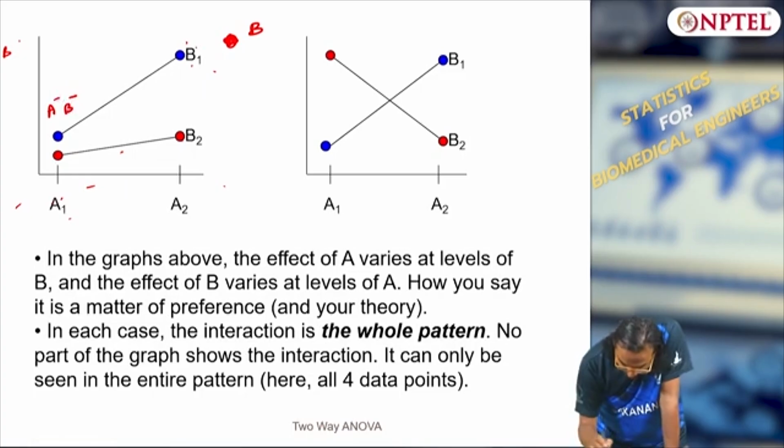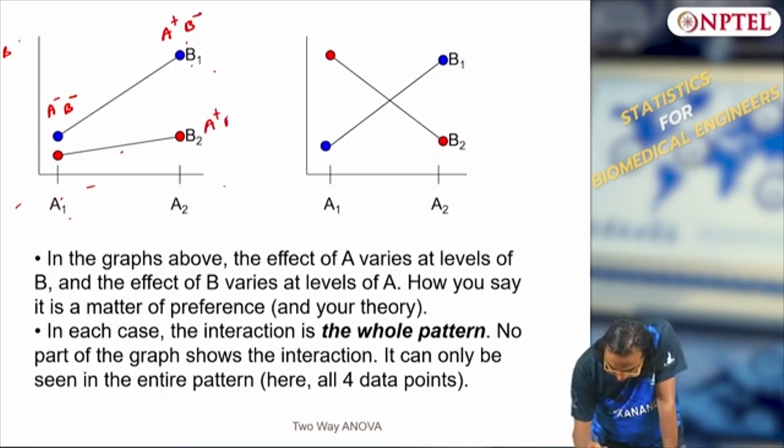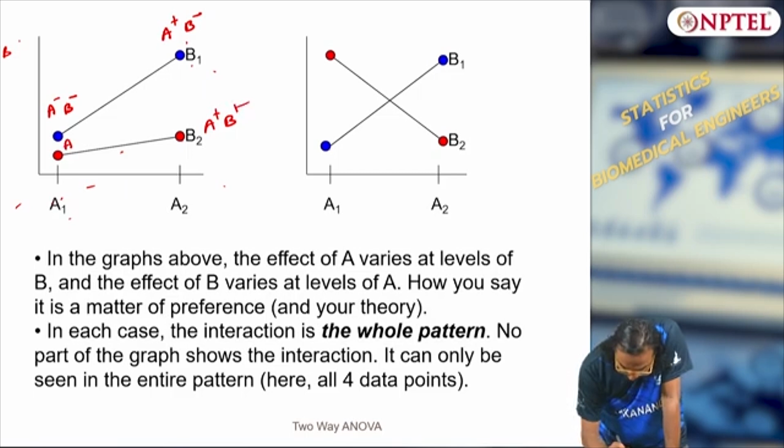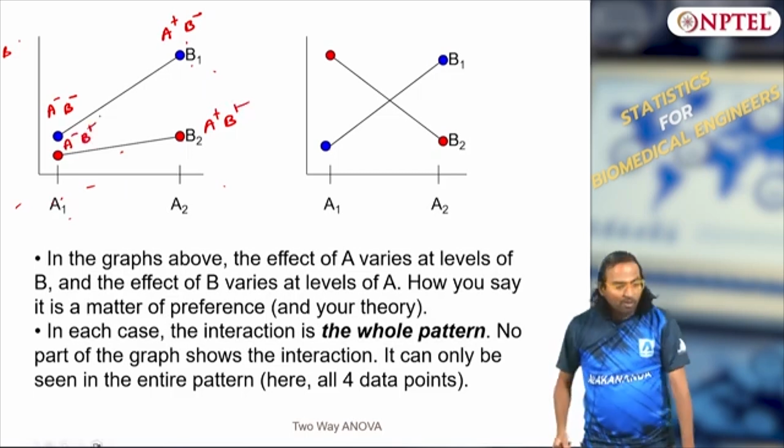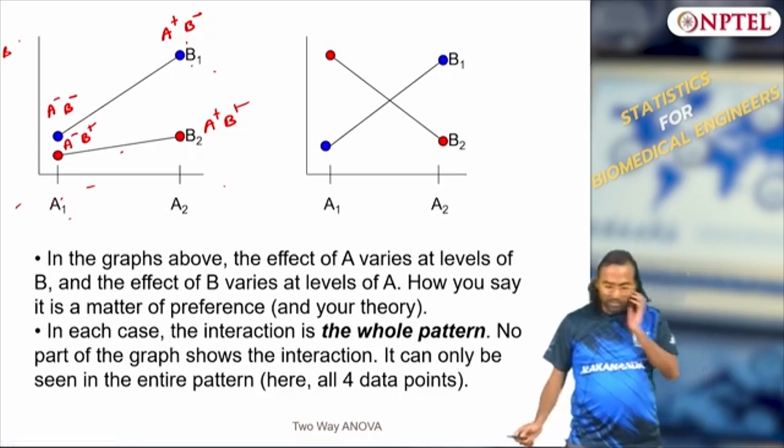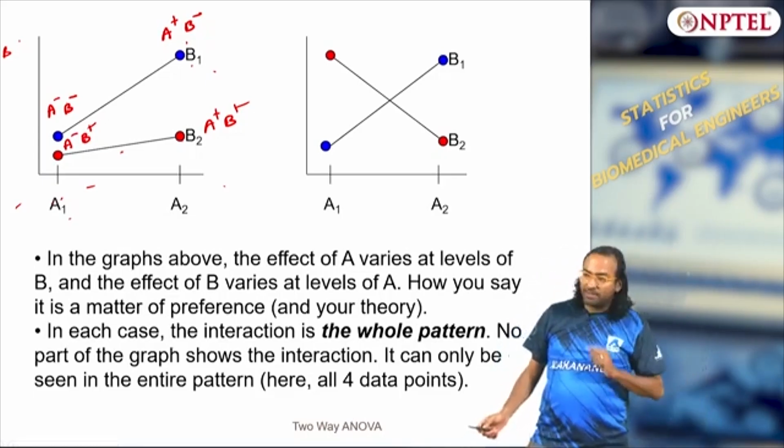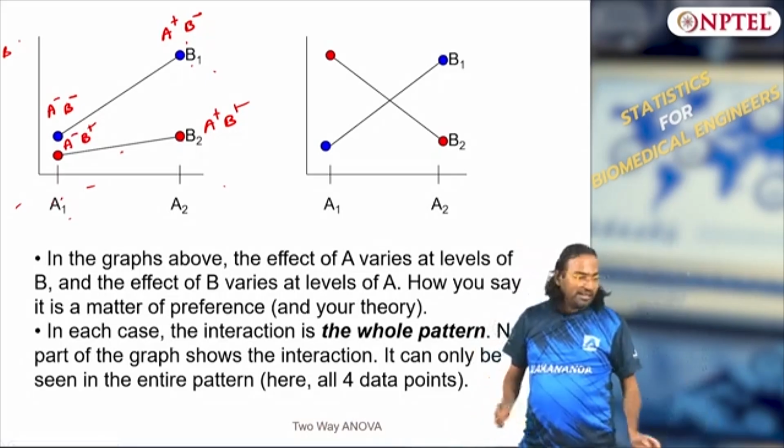There are 4 data points, this is A positive, B negative. What is this? A negative, B positive. The red color is B positive and blue is B negative, and the levels are indicated here.